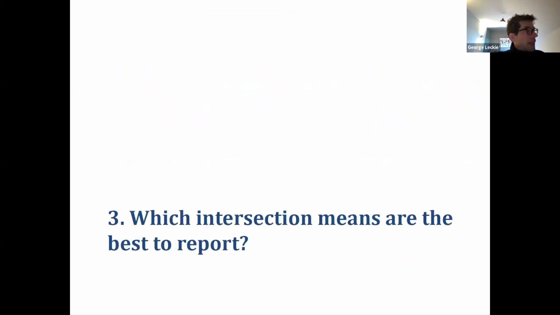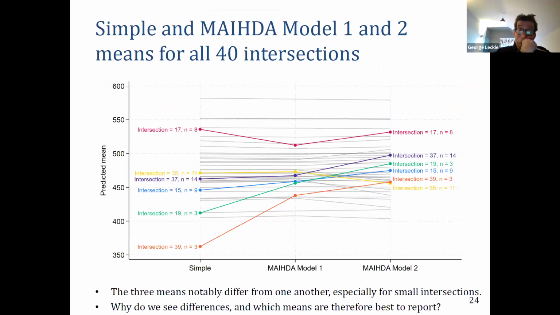So finally, after a rather lengthy 28-minute warm-up, let's get into which intersection means are best to report. First of all, here is me plotting the Keller results. What we've got here are the predicted means on the y-axis.